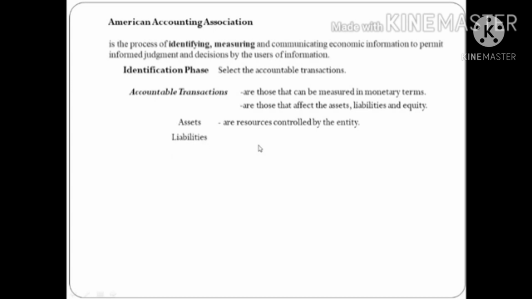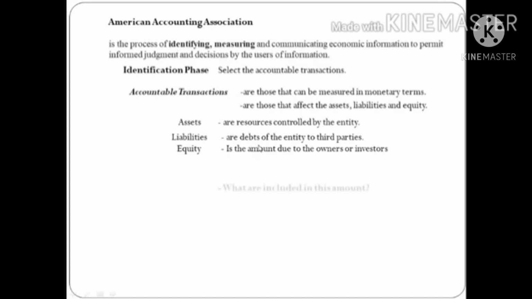Liabilities are generally debts of the entity to third parties, an example of which is the loans payable to the bank. The equity can be described as the amount due to the owners or investors because they invested resources in the entity.